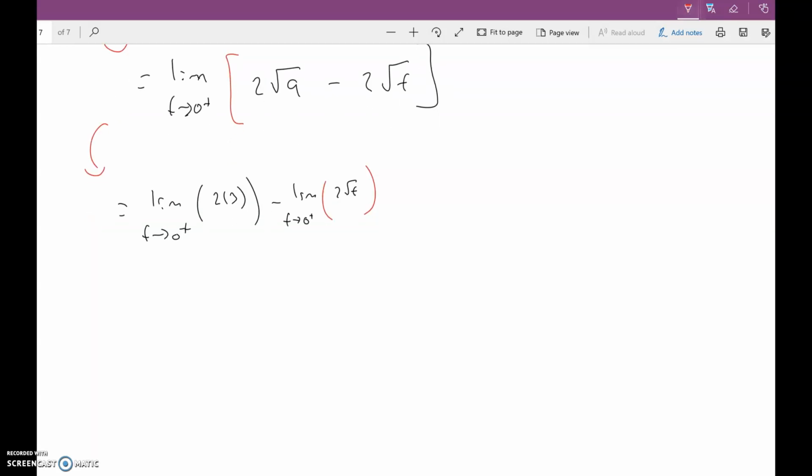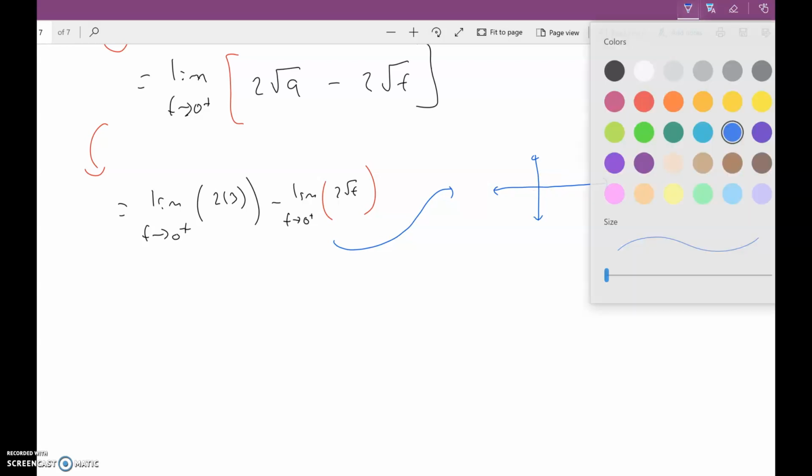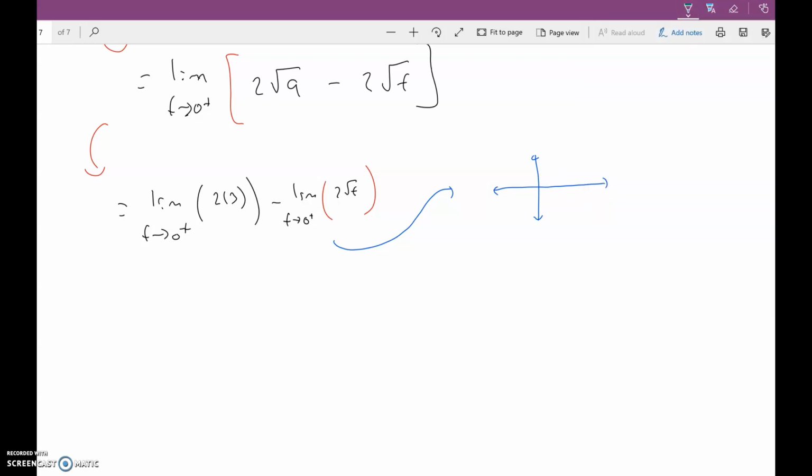And if you look at this limit in terms of a function, 2 square root of t, it's technically this function here. The negative is going to be at the bottom. So as it goes to 0, it's going to actually be 0.